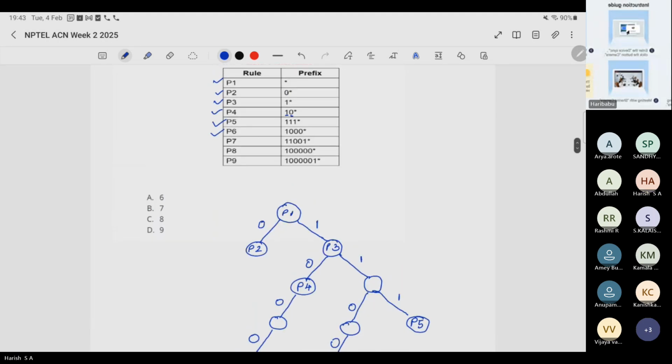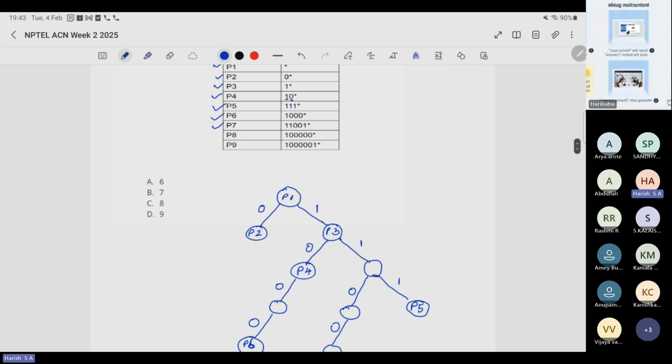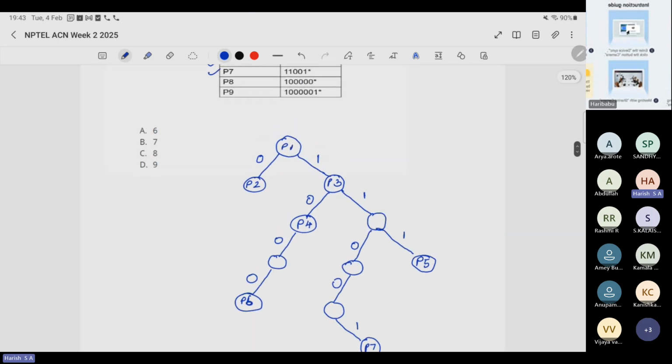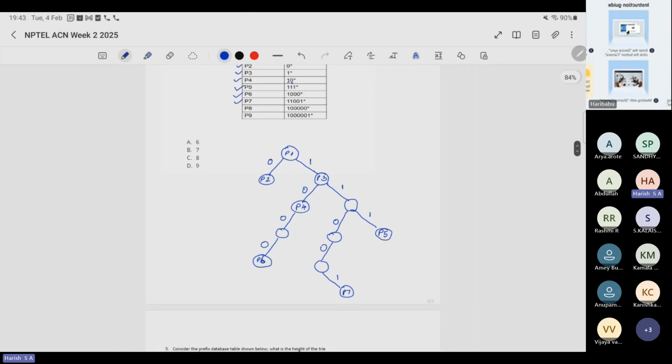Now P7 is done. So P8, 1 followed by 5 zeros. So this is 1, and then there is 1 zero, 2 zeros, 3 zeros. Then you have to add 2 more zeros. That's all, and this becomes P8.